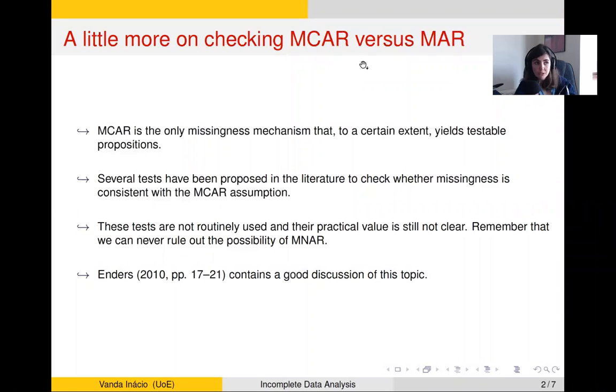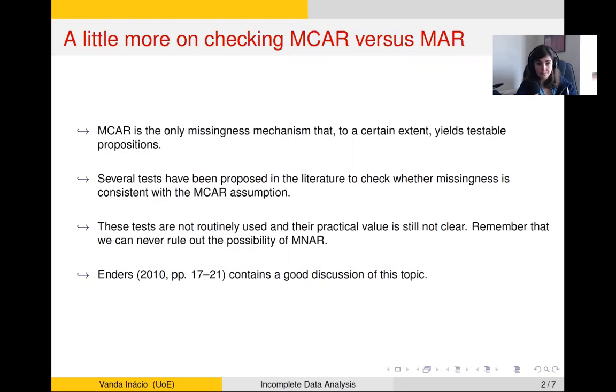As we have seen, missing completely at random is the only missing data mechanism that we can partially verify from our observed data. And in this direction, several statistical tests have been proposed to check whether the missing data mechanism is consistent with the missing completely at random assumption.